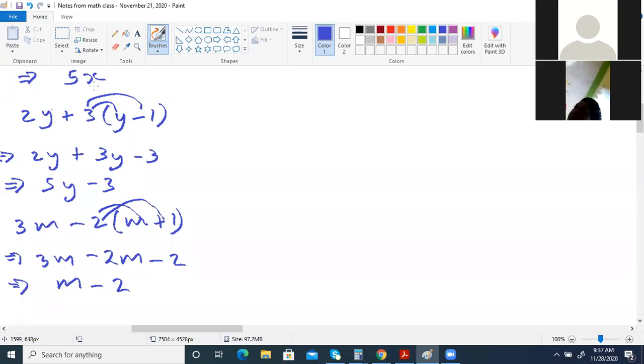I put up the rule and I said when you're multiplying a positive number times a positive number, you still get a positive number. Negative times negative, you get a positive. A negative times a positive number, you get a negative, and a positive times a negative, you get a negative, right?